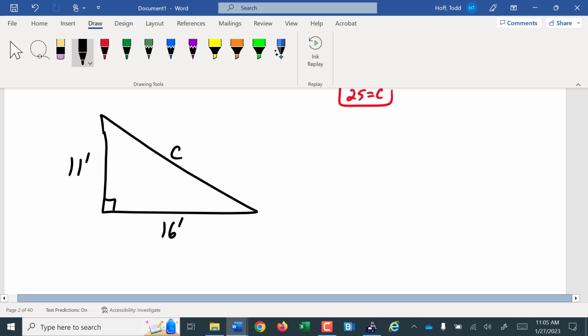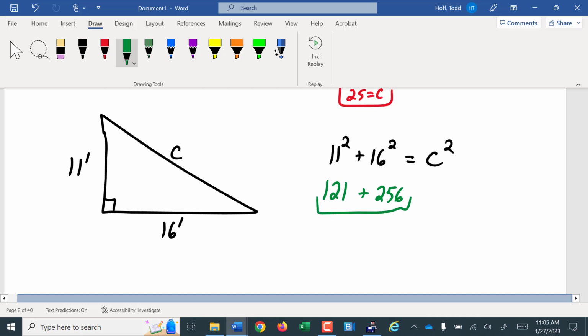And that's C. So this will be 11 squared plus 16 squared equals C squared. Well, 11 squared is 121. 16 squared is 256. We add those up to get 377. Now we square root 377, we do not get a happy number.